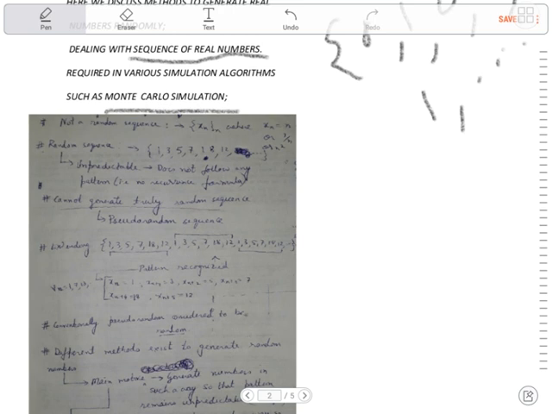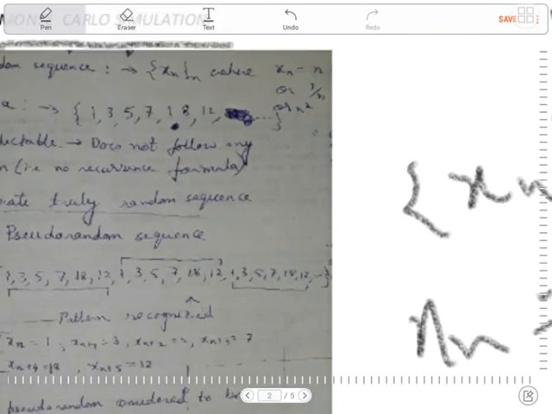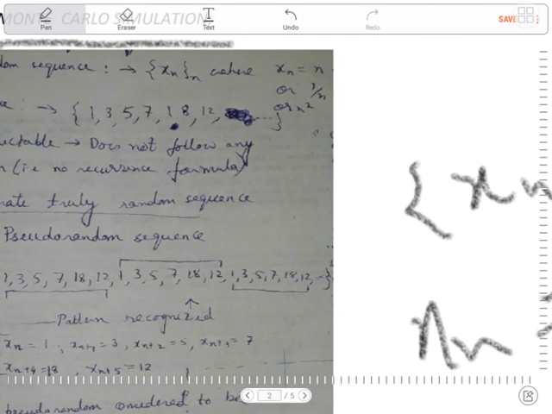For the time being, let us first try to understand how we can distinguish between a random sequence and a not random sequence. Suppose you are taking xn to be n or 1 by n. If I take xn to be n, then my sequence is 1 2 3 like this.